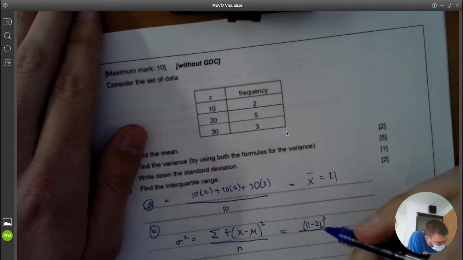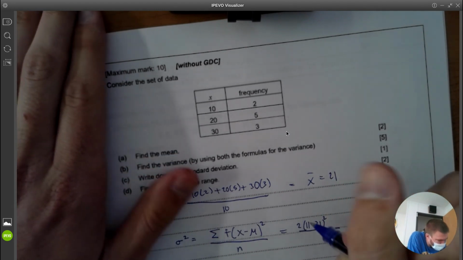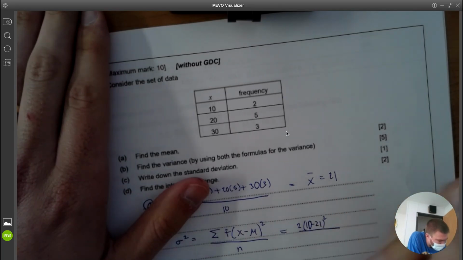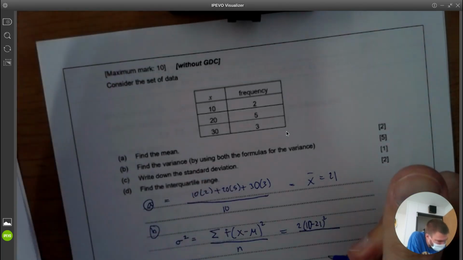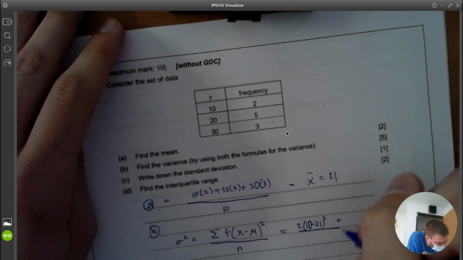The frequency for that is, oh wait a second. Should be 10 minus 21 is going to equal negative 11, divided by the total number, which is going to be 10.